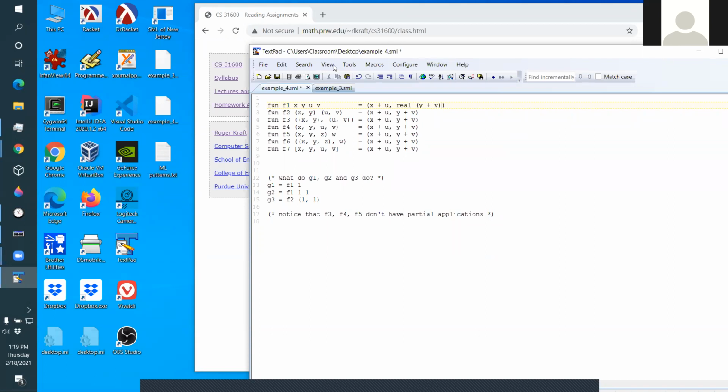They're all ints because no declaration of X and U, so you add, it defaults to adding two ints. No declaration of Y and V. Oh, but wait a minute. The input to real must be an integer. So actually, see, the input to real must be an integer, so the result of this must be an integer. So Y and V must be integers. But what does this function give me back? What's the output of this function?